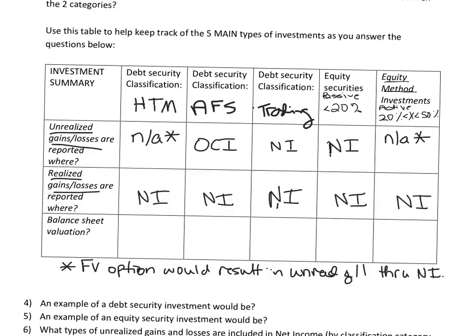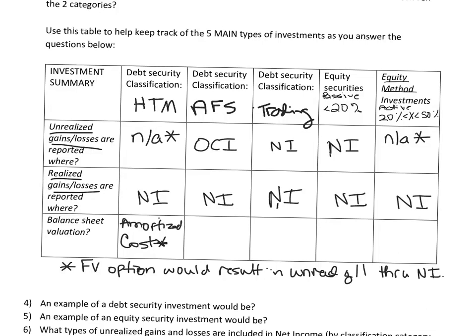And then the last little section on this handout was how are those different securities valued on the balance sheet. And we talked about this with our held to maturity. Those are the ones management intends to keep primarily for cash flows. Those are going to get carried at amortized cost, again, except for that fair value option.